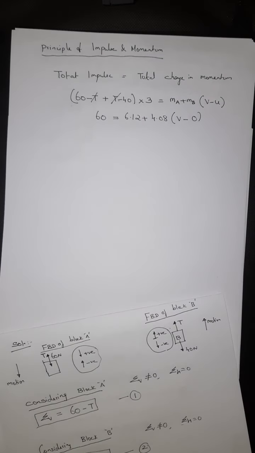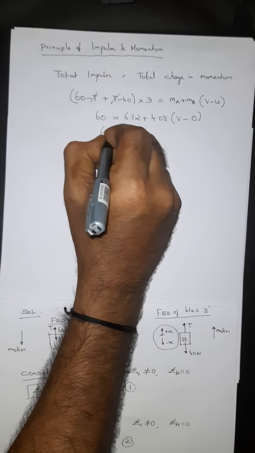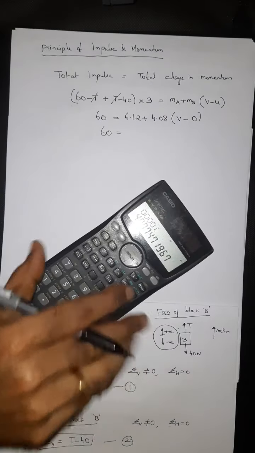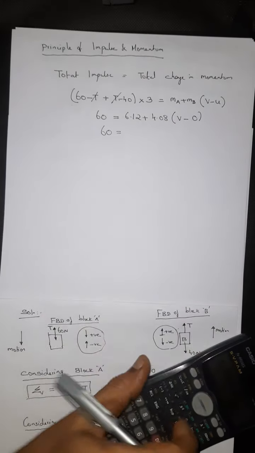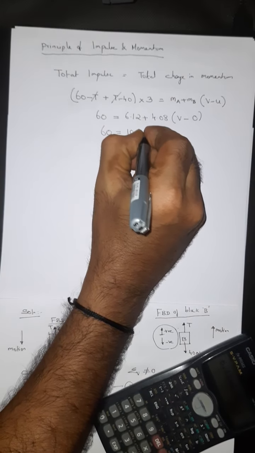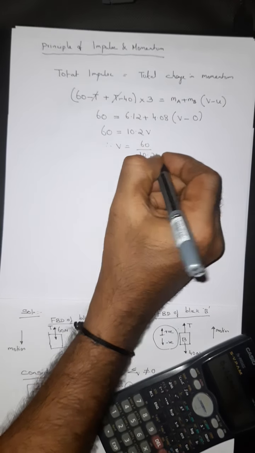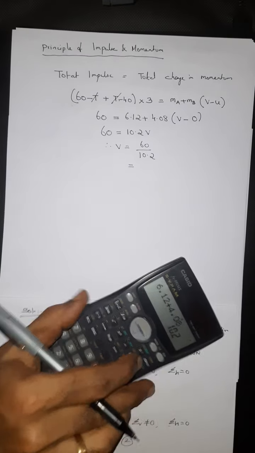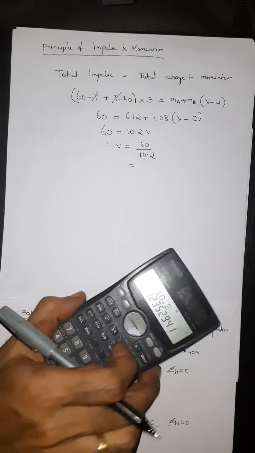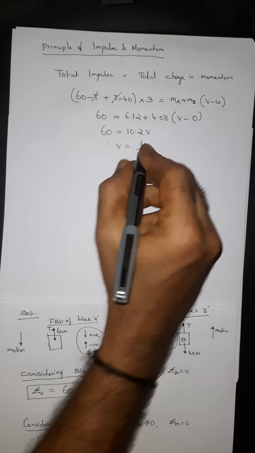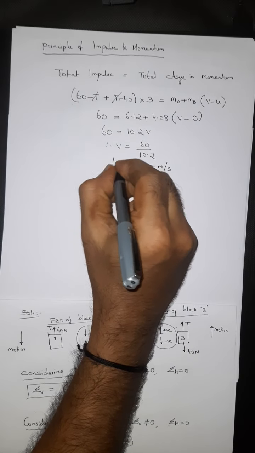Therefore, this can be written as 60 equal to 6.12 plus 4.08, which is 10.2 V. Therefore, V equal to 60 divided by 10.2, which works out 5.88 meter per second.